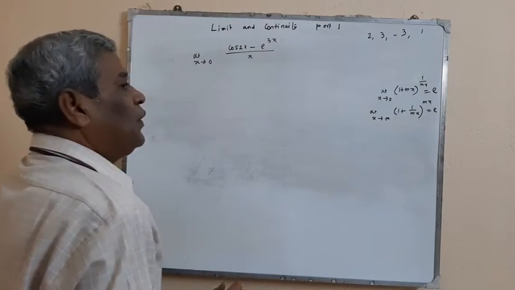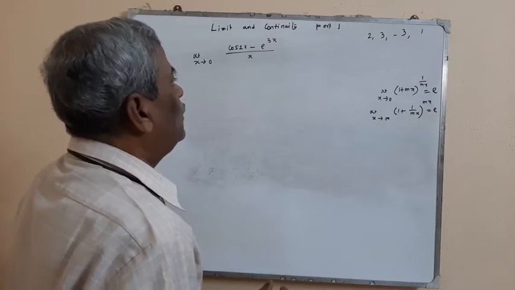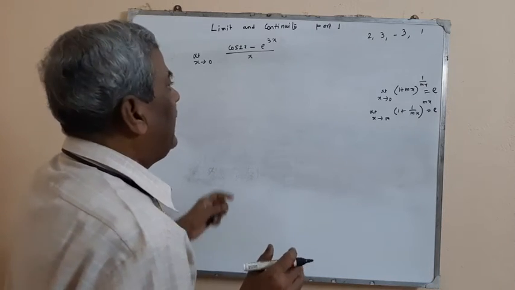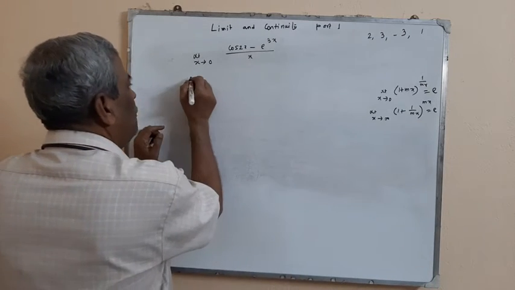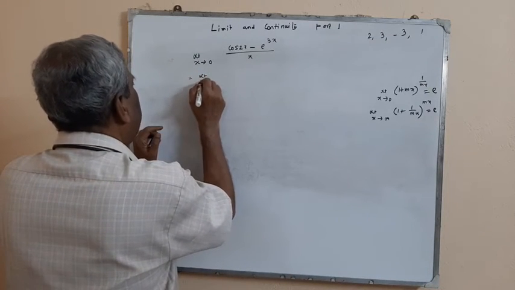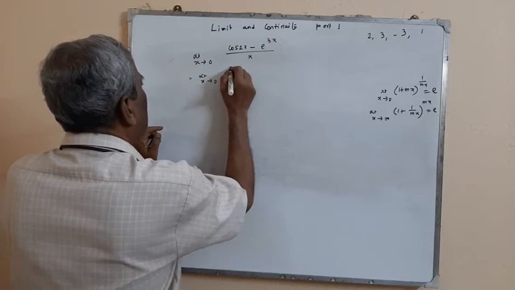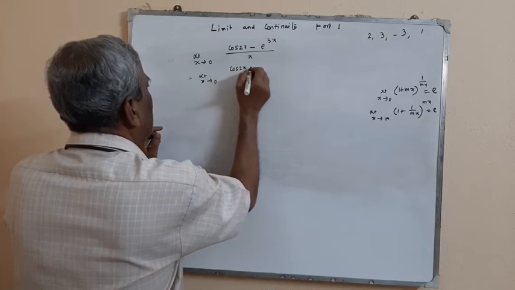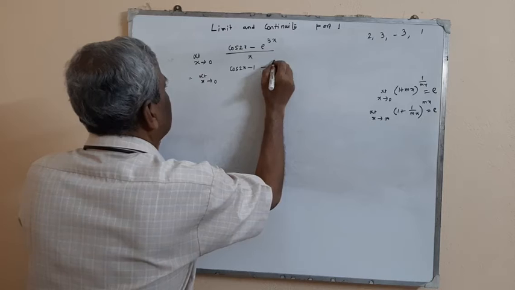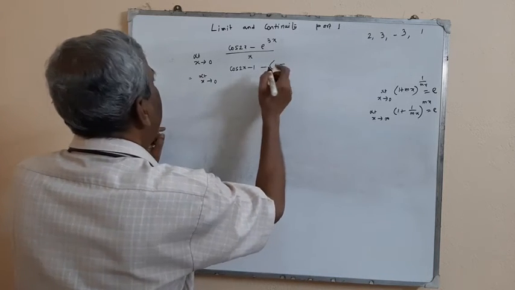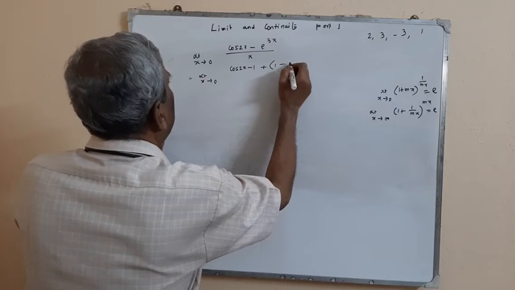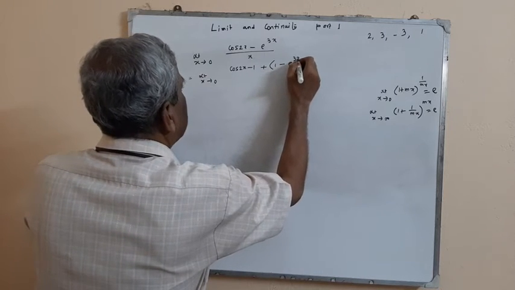Using the formula or using L'Hospital rule, I solve it in both ways. First of all, using the formula, it is equal to limit x tending to 0 of cos 2x minus 1 minus, actually plus, 1 minus e to the power 3x.